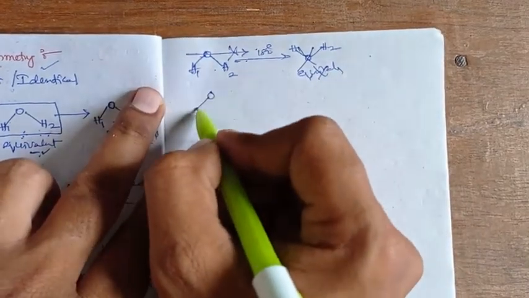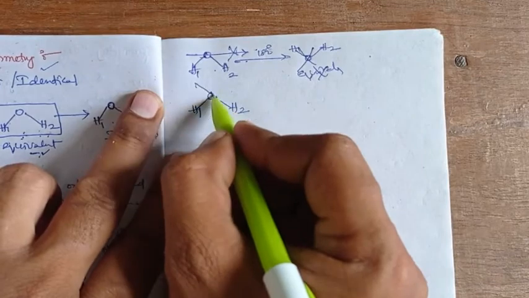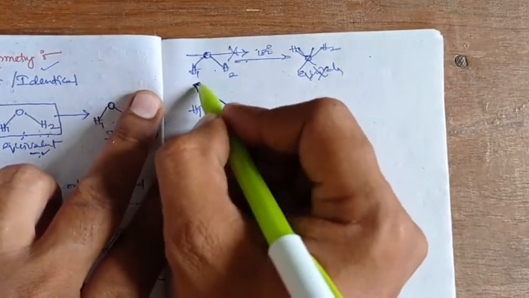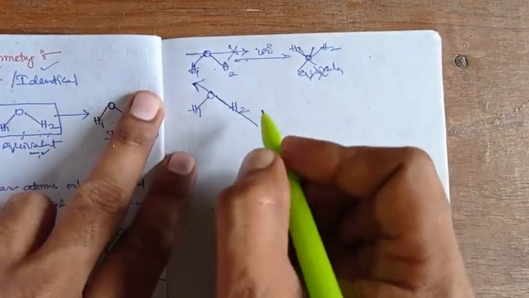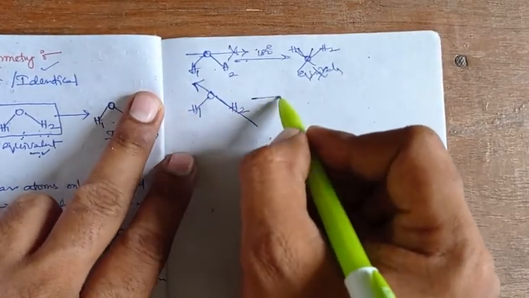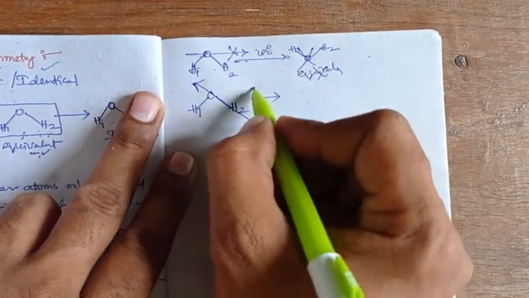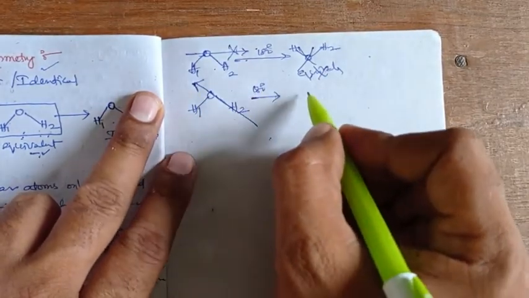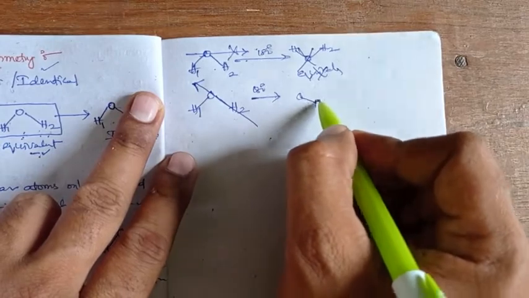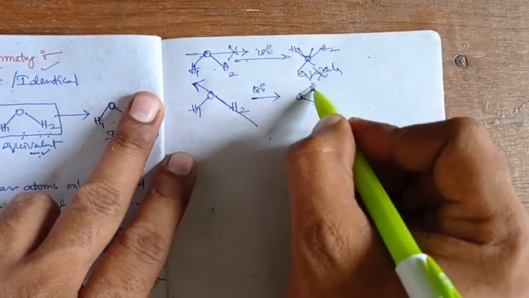And even when we do the rotation while taking an axis which passes through one of the oxygen-hydrogen bonds, either this hydrogen bond or this one, any oxygen-hydrogen bond, if we take an axis along it and do 180 degrees of rotation, what happens? Again, the hydrogen of this one gets the position of here.